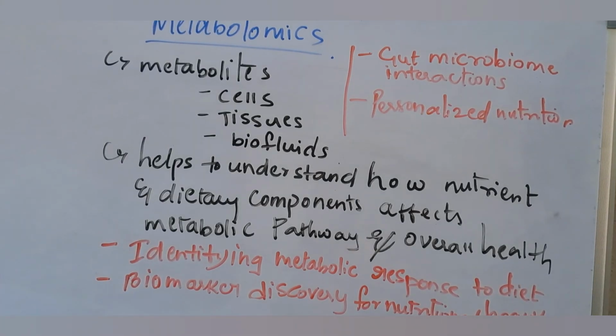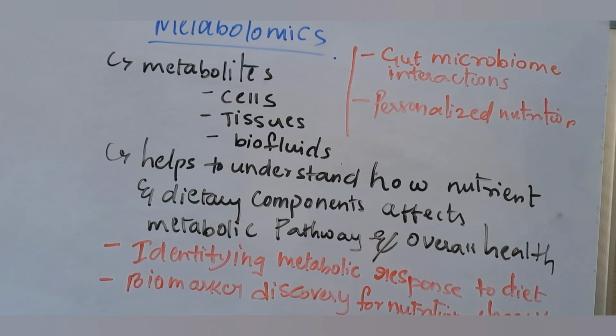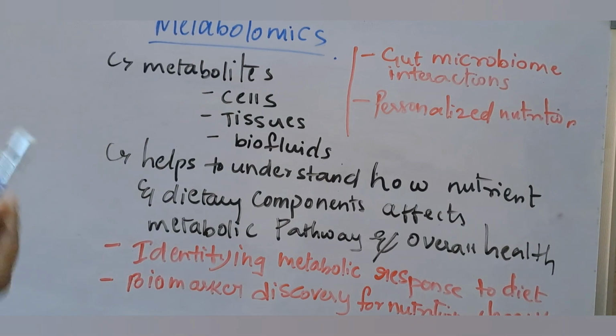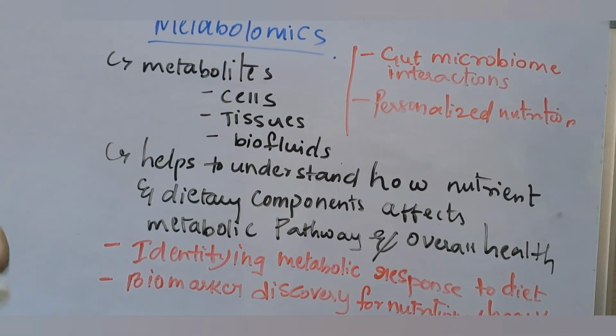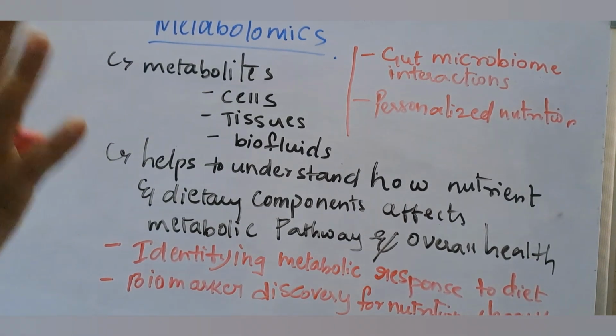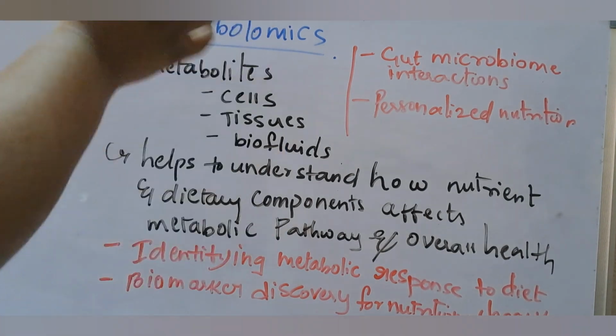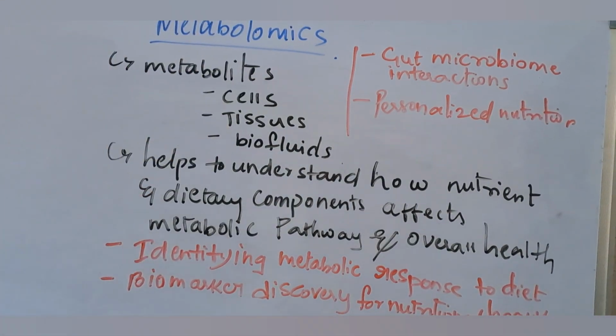So now metabolomics, right? Metabolomics means the study of metabolites. That means we are going to discuss metabolites. Metabolites are small molecules which are involved in the metabolism within the cells or tissues or biofluids.